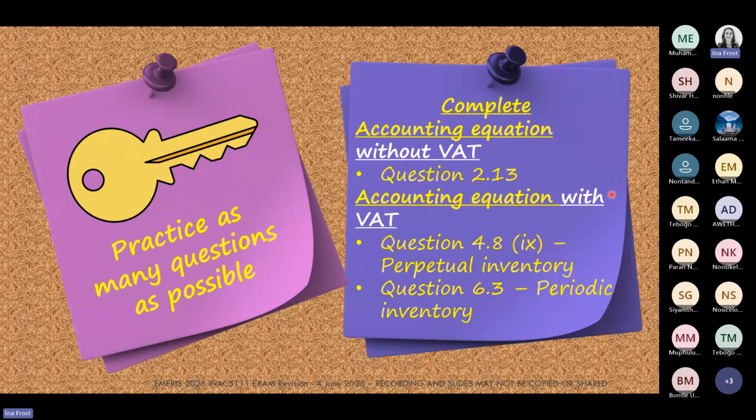We said earlier you have to read your required with great care to make sure: are we talking about a VAT vendor, or are they not a VAT vendor in this question? And then you have to be able to do it for both perpetual and periodic inventory. So please make sure you have revised the questions that are up on your slide now.